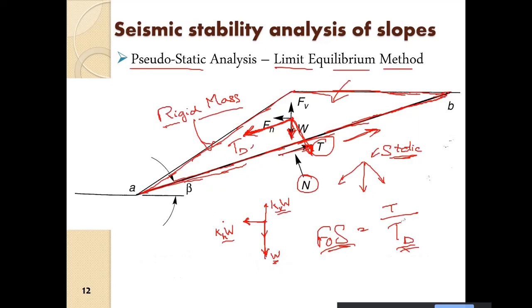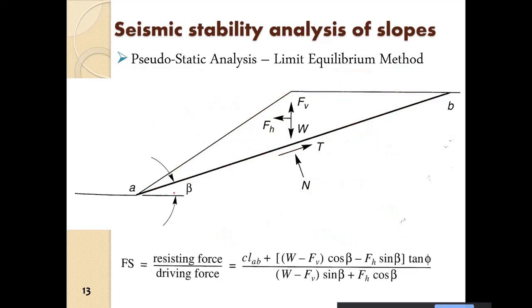Then we need to find out the area of this wedge. Once we find the area of the wedge, we need to find the weight of the wedge, so gamma into the volume of the wedge.